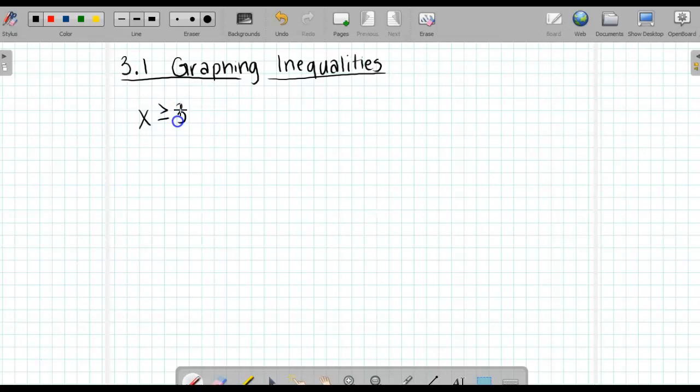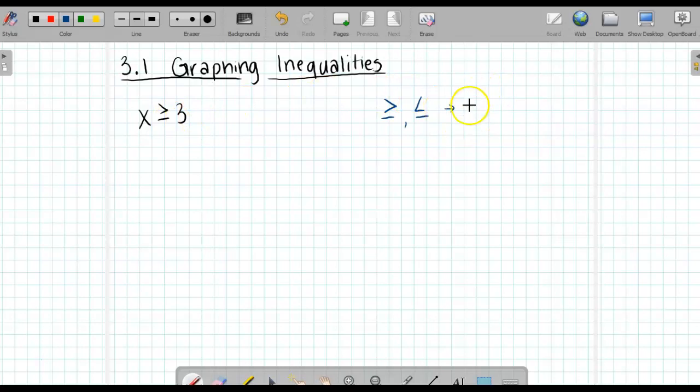equal to 3 on the number line. So a few things that you need to know whenever you are graphing. First of all, if you have a greater than or equal to or a less than or equal to sign, then that includes the number 3. So for example, 3 is greater than or equal to 3 here. 3 is included in the answer.